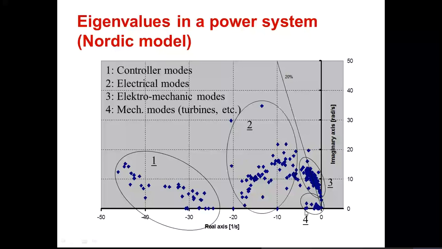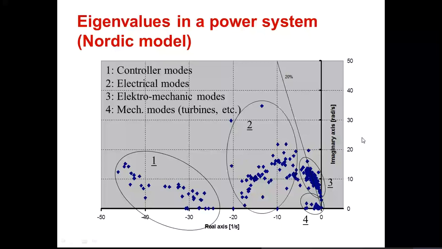So this is just the classification of the modes that we may observe in the Nordic grid. In some cases, we may not have these modes present. You may have just the local modes or inter-area modes and then the controller modes, but we don't have this form of mode present in some parts of the network. But in the Nordic grid, you find it here.